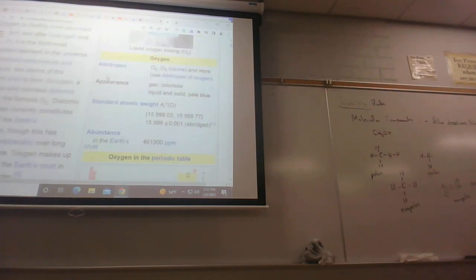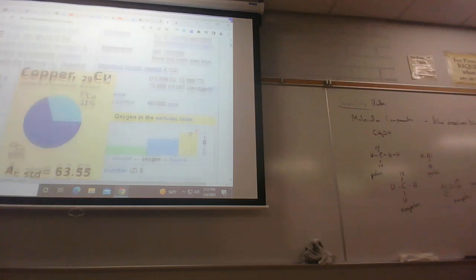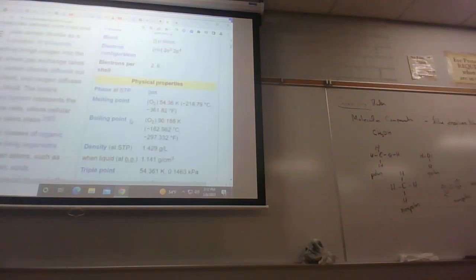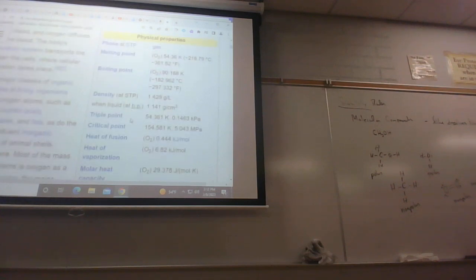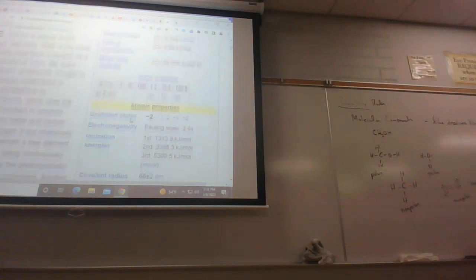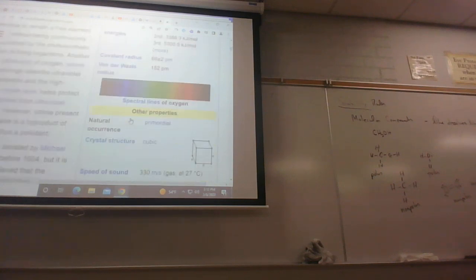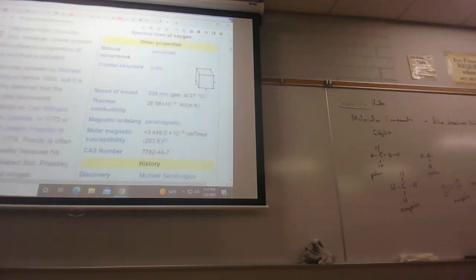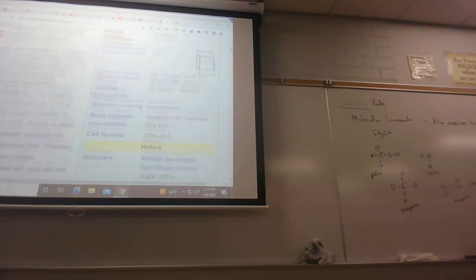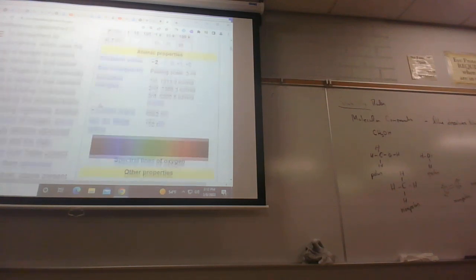Okay, so this is the limit of Wikipedia here. Wikipedia doesn't have the solubility here. And so we'd look for it in other sources to find it. But these are some sources that you can look up for this kind of data.